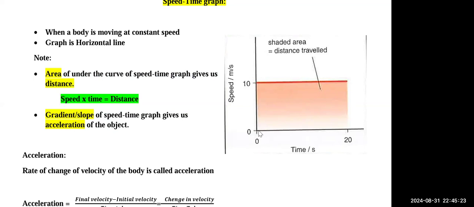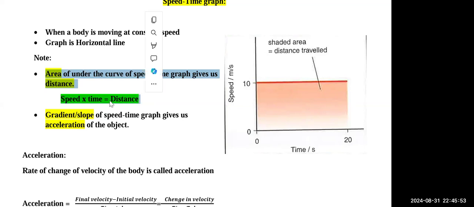The length is time and the height is speed, so speed multiplied by time is equal to distance. If you divide by time on the right side, distance per unit time is equal to speed. In past papers, when the graph is speed time, they will definitely ask you to find the distance of that object.